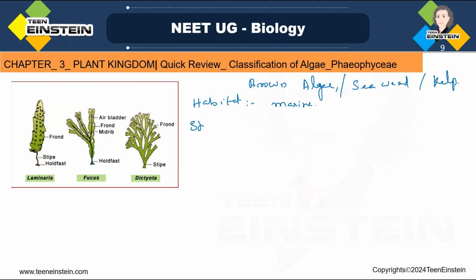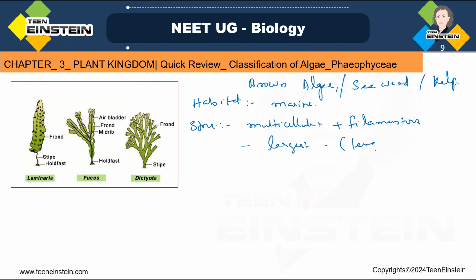And when we are talking about the structure, brown algae are multicellular. They have a multicellular structure and they are filamentous forms. Brown algae are the largest in size, up to 100 meters in length.